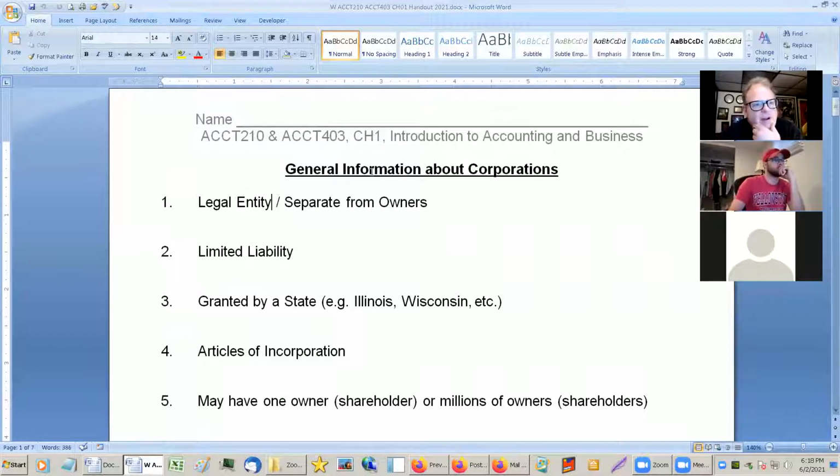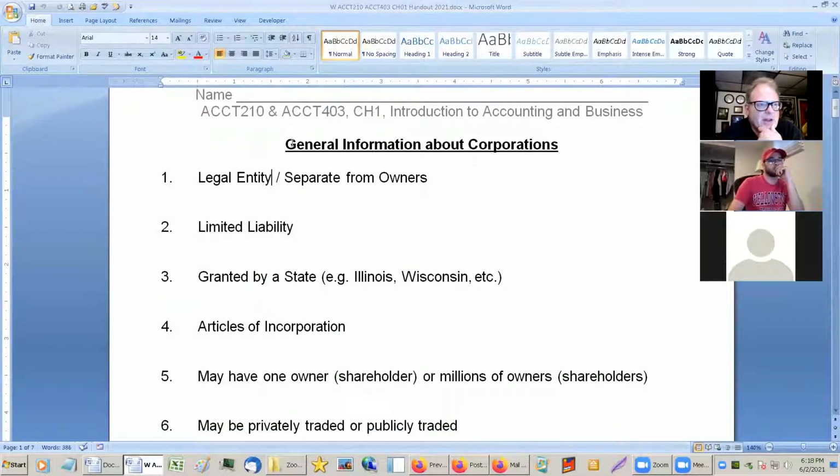Okay, some of this you may have already had in your other classes. So general information about corporations, and this is what we're going to really focus on in this class, are corporations. And corporations are completely separate from the owners. As a matter of fact, they're almost like another person. So IBM is almost like a person. And they can do most of the stuff that a person can do.